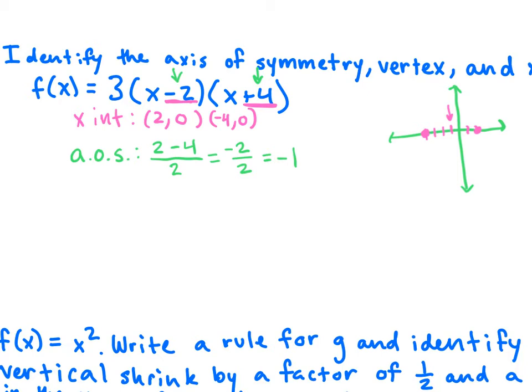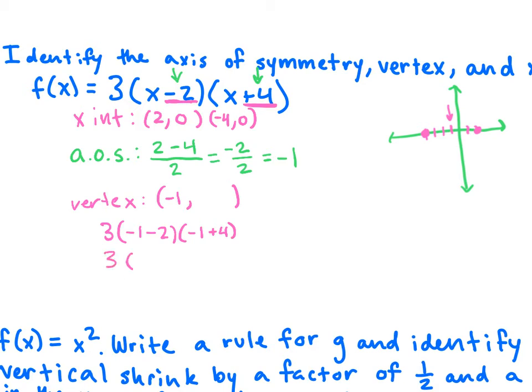And now how do we find our vertex? What's the first number in our vertex going to be? -1. And how do we find the second number? We plug it in. So we have 3 times -1 minus 2 times -1 plus 4.